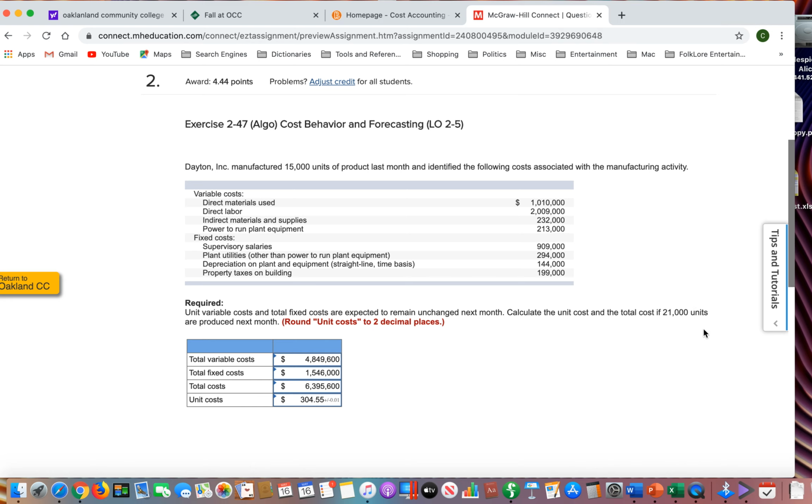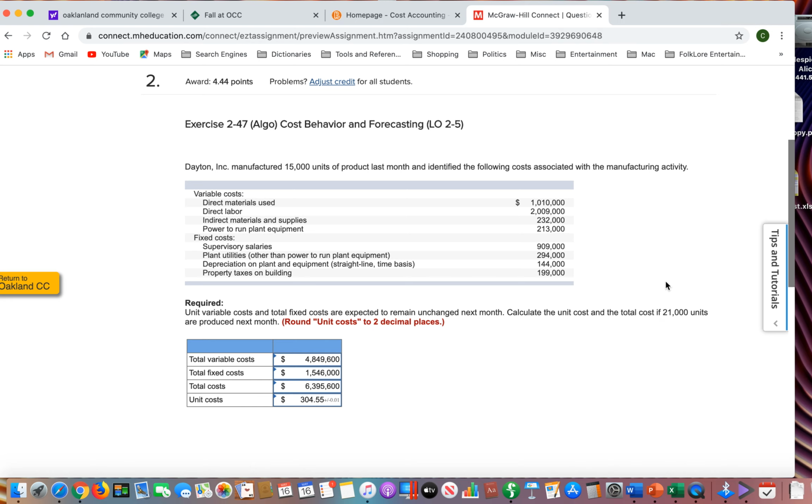Now, where did this number here, total variable cost? If you think the total variable cost, you think you're going to add all this up? Don't forget, folks, total variable cost goes up if you increase the number of units or goes down if you decrease it. So we went from 15,000 to 21,000 units.